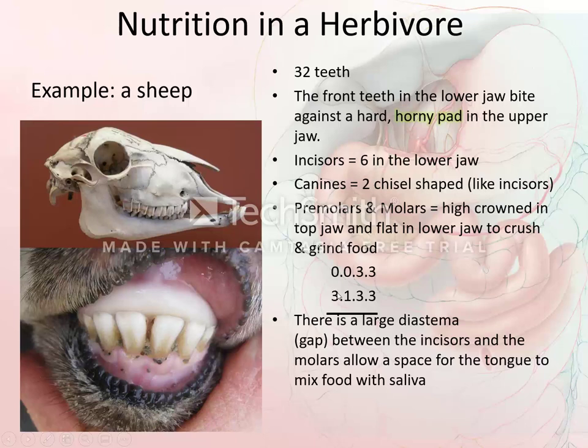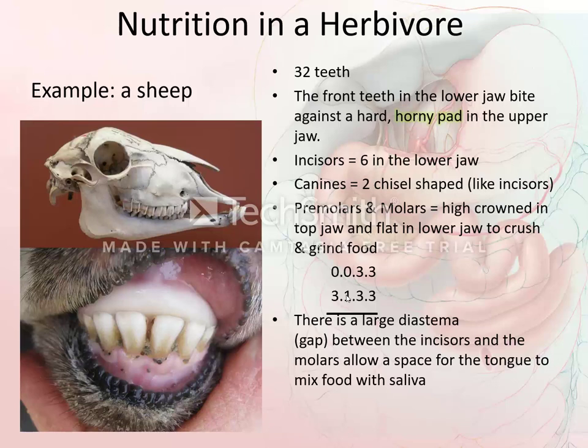The bottom jaw, and this is only obviously one side, guys, has 3 incisors, 1 canine, 3 premolars, and 3 molars. So remember I said double this, so therefore you'll see 6 incisors in the bottom jaw and 2 canines in the bottom jaw. I will never ask you the dental formula of a herbivore.